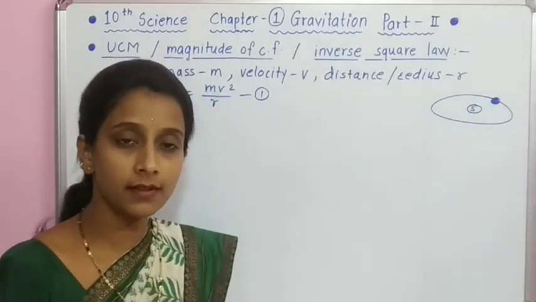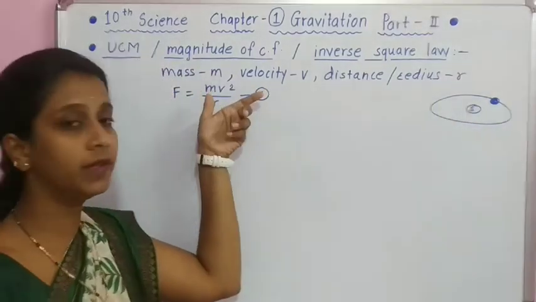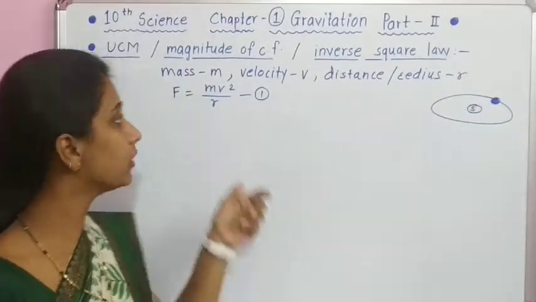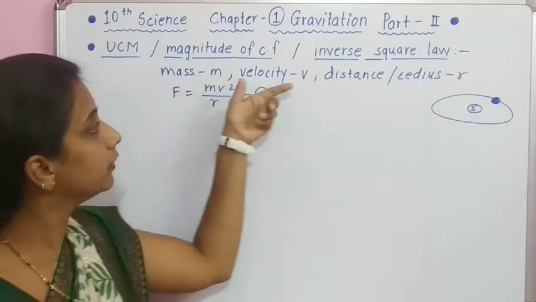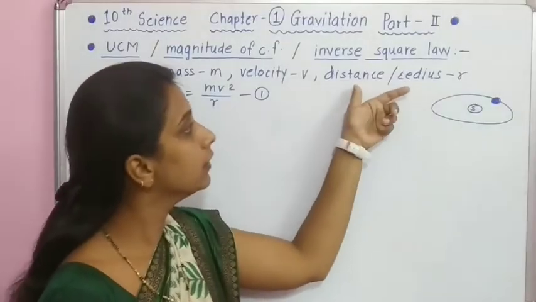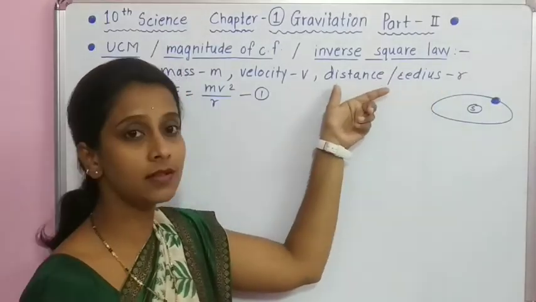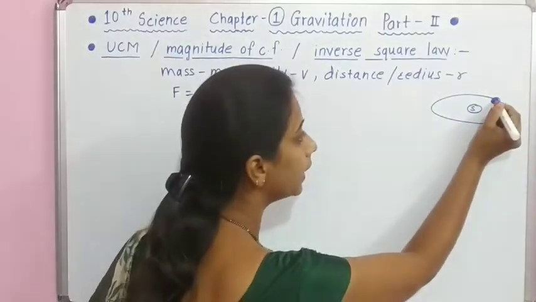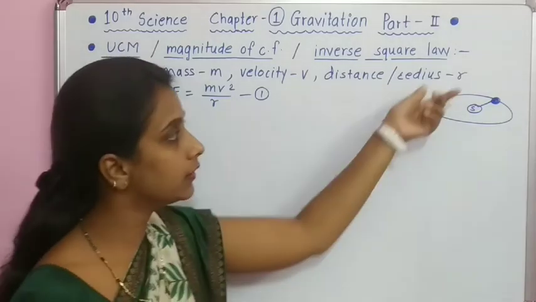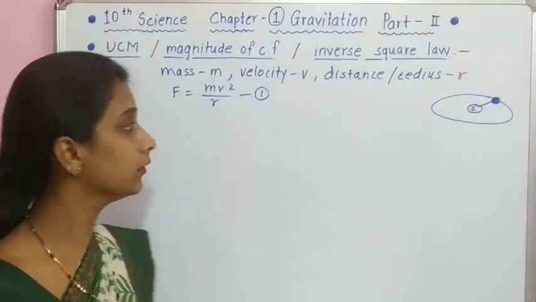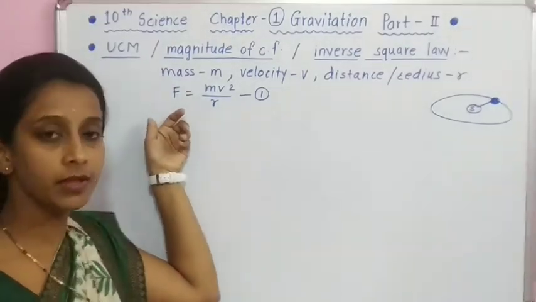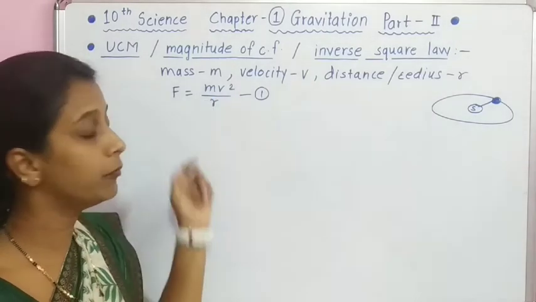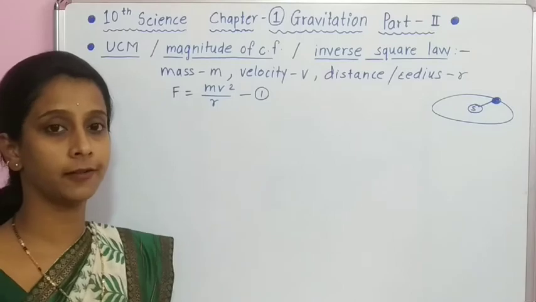So let us consider, instead of the object, a planet having mass m, velocity v, and distance of that planet from the sun, that is r. Then the centripetal force acting from the sun is F equals mv square upon r.